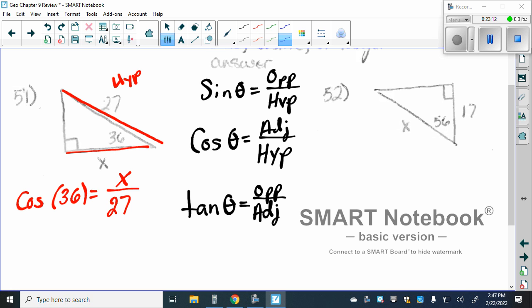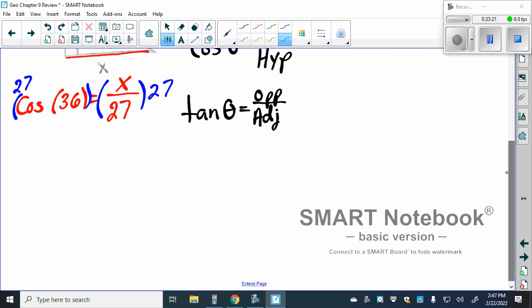Now that we have that set up, the first thing we'll do is multiply both sides by the bottom of the fraction. So we'll be multiplying both sides by 27, which would tell us that 27 cosine of 36 is equal to x.